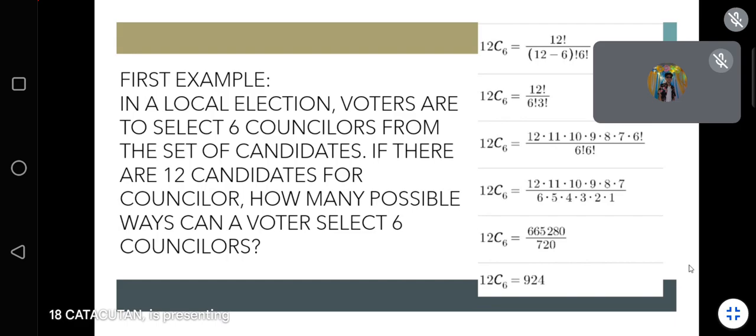If we multiply this, we will get 665,280 over 720. Divide them and the answer is 924. Therefore, there are 924 possible ways to vote for the 6 councillors out of the 12 candidates.